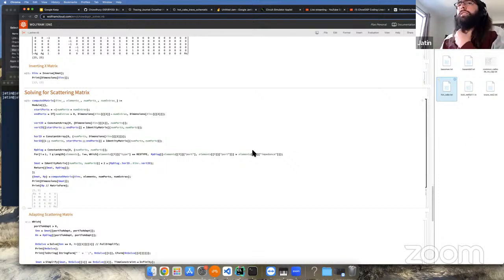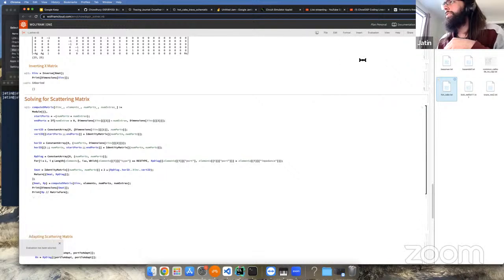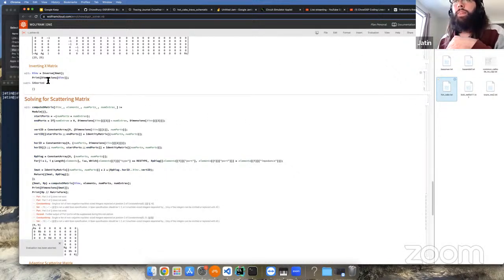All right, this is taking a little longer than I had hoped. Plus, I'm not sure that we actually finished doing the matrix inversion. So maybe let's start over here and see if I can get it working better.